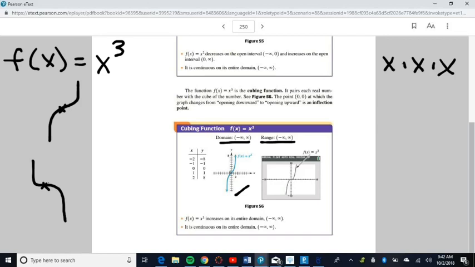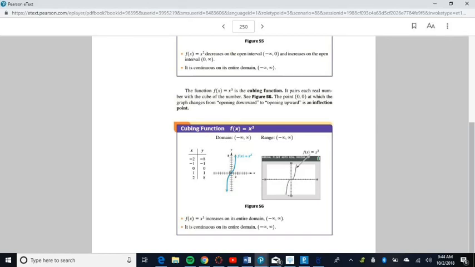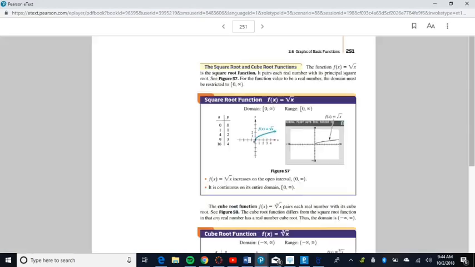Let's look at the next one. Okay, so the next one that they give us is something called the square root function, and then they give us the cube root function. The square root function means you're taking the square root of x.